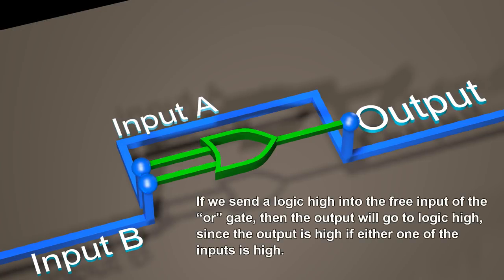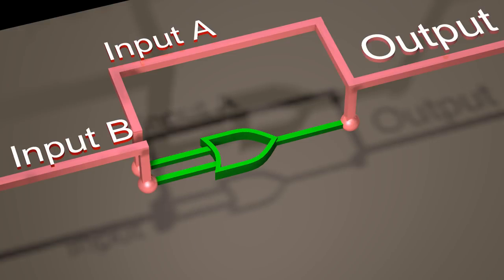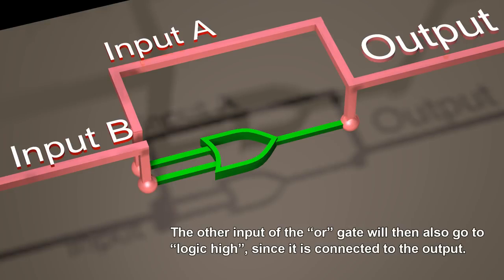If we send a logic high into the free input of the OR gate, then the output will go to logic high, since the output is high if either one of the inputs is high. The other input of the OR gate will then also go to logic high, since it is connected to the output.